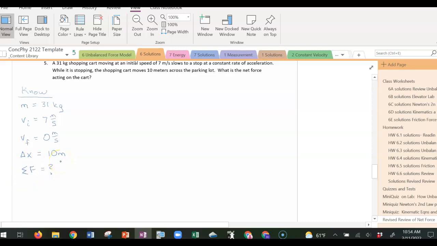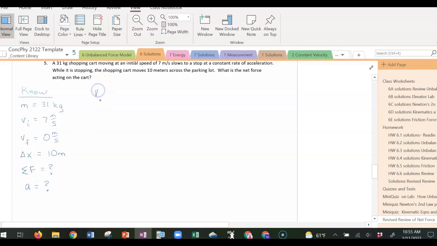Well, Newton's second law, if I wanted to find the net force, I would need to know both the mass and the acceleration. I know the mass, but I don't yet have the acceleration, so that is something that I need to find. Remember, acceleration is the connection, the linkage between Newton's second law and these kinematic equations. So I think I need to find acceleration first, and I need an equation that involves VI, VF, delta x, and a.